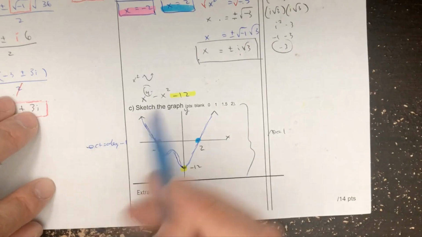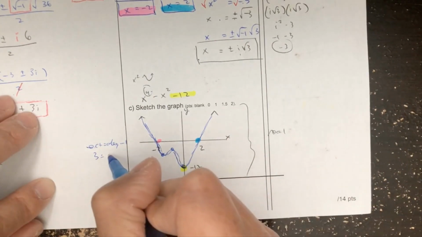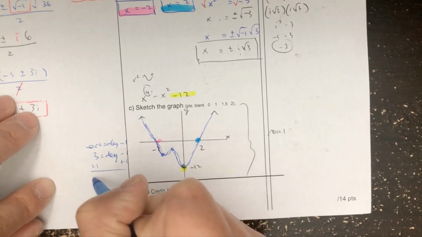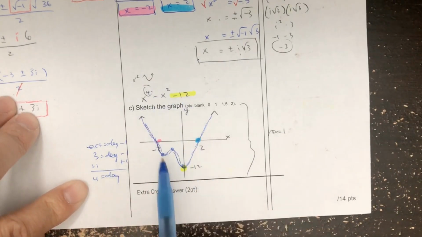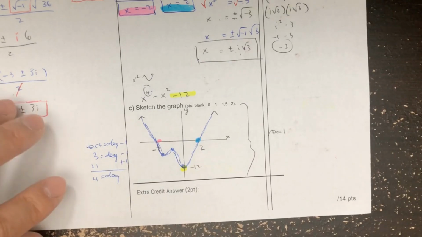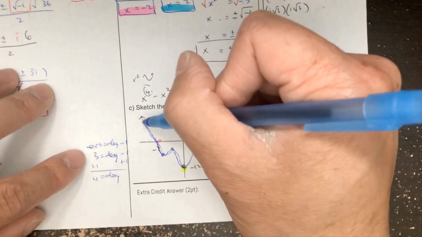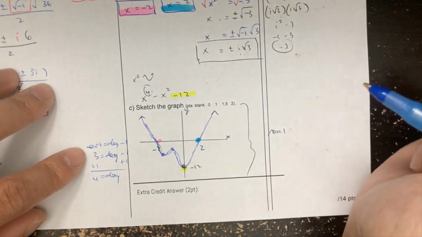So if I have 1, 2, 3 extrema and you add 1 here, you get a 4th degree polynomial. So that basically is telling us in a 4th degree polynomial, you have to have 1 less for the extrema. So if I just went here and did a quadratic, I wouldn't have enough extrema. And then that's how you graph it. It looks something like this. Doesn't look exactly, but it's a W, and you should have 3 turning points.